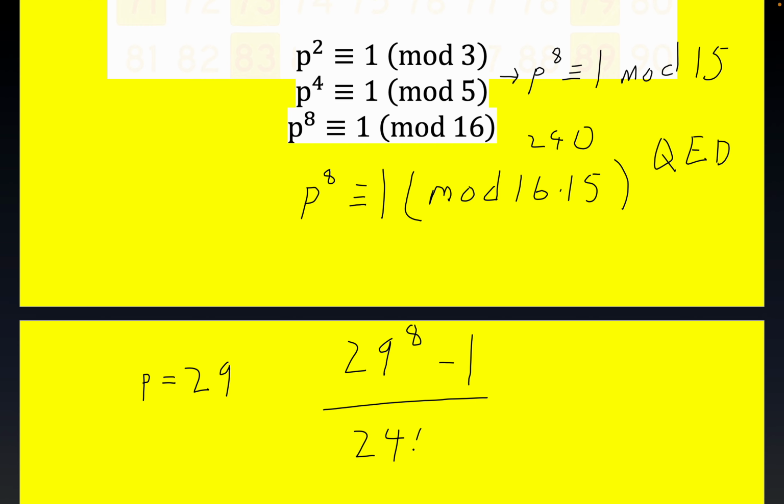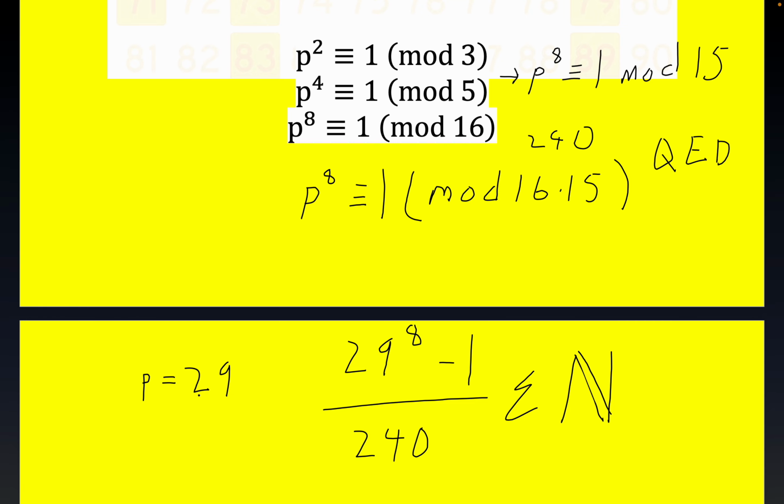Another way of writing this is that this is some natural number, I'll call it n. These are the natural numbers here. And so that's exactly what this statement says. Elevate 29 to the 8th power, subtract 1 from it, and you'll get a number that's divisible by 240.